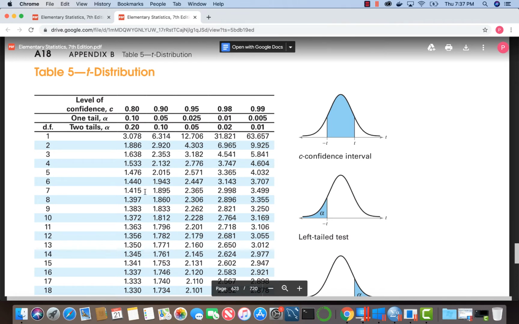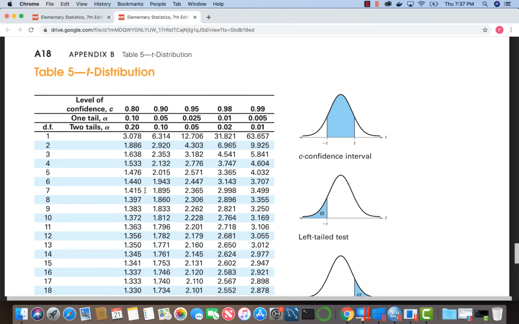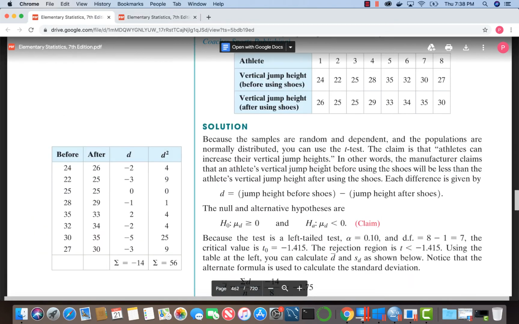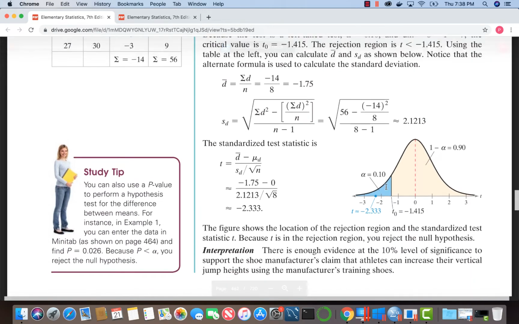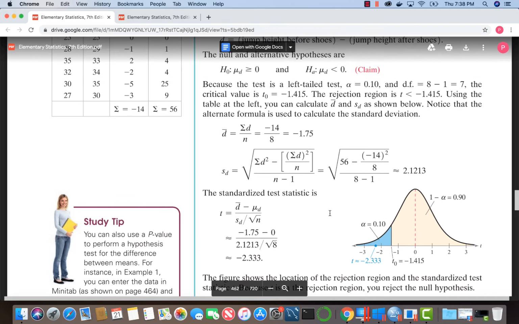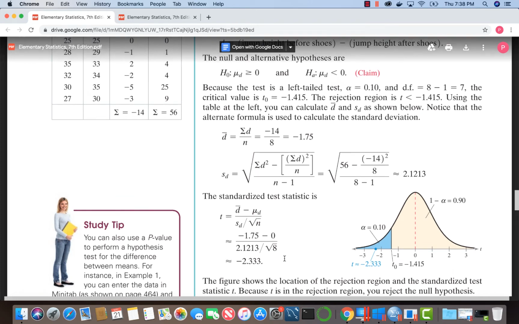So our critical value, according to this table, is 1.415. However, because we're doing a left test, we will take the negative of this. So it should actually be negative 1.415. Okay, now we can take a look. That's what they have, negative 1.415. And then they proceed to compute the test statistic.